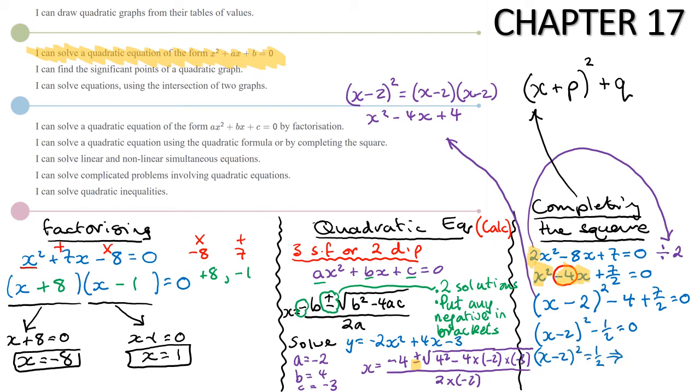Then we square root both sides, so we'll have x minus 2 equals, now when we square root, we should show that it could be positive or negative, so plus or minus the square root of a half. And then last step, x will equal, once we add 2 to both sides, 2 plus or minus the square root of a half. So this is our other way of solving our quadratic.